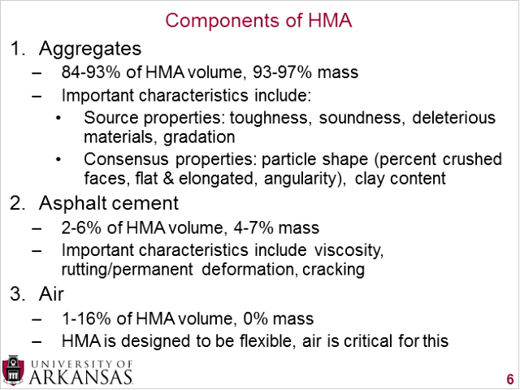But in general, you're looking at things like viscosity, its susceptibility to rutting and permanent deformation, and also its susceptibility to cracking characteristics. And when we get into the Superpave section of this presentation, we'll go over some tests that are able to capture that. But again, asphalt cement is a very broad subject and a very complicated subject.